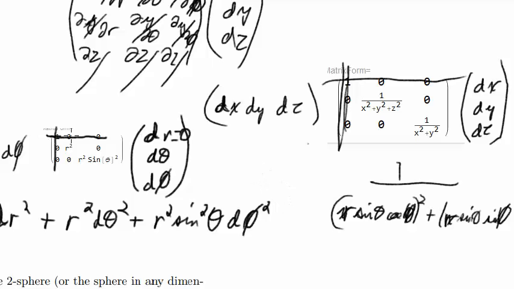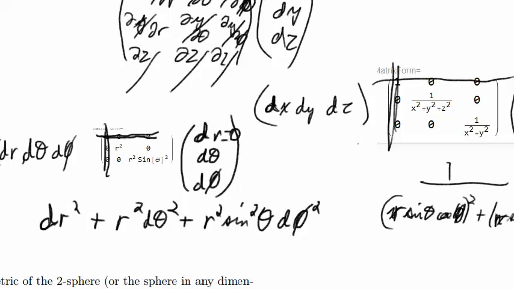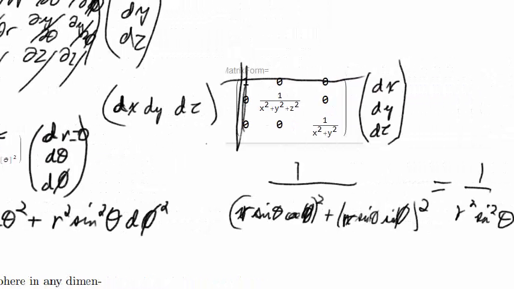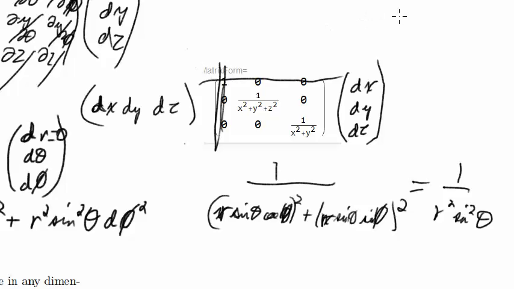He's canceled out this column here, and it would have been dr, d theta, d phi. And now he's done an inverse matrix, and I don't think it really makes sense.